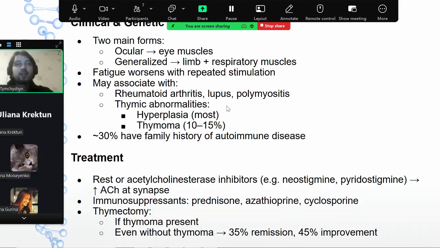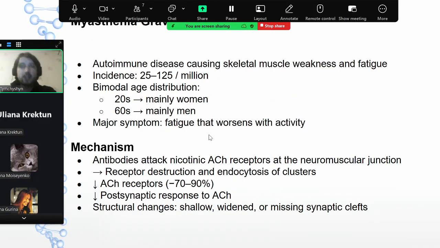Okay, let's go once again. We have an autoimmune disease that targets and destroys the receptors of acetylcholine. So the number of receptors goes down. Now we have fewer receptors to bind the acetylcholine. So what can we do in this situation? Let's activate these receptors more strongly. We need a stronger activation for the receptors that are left.